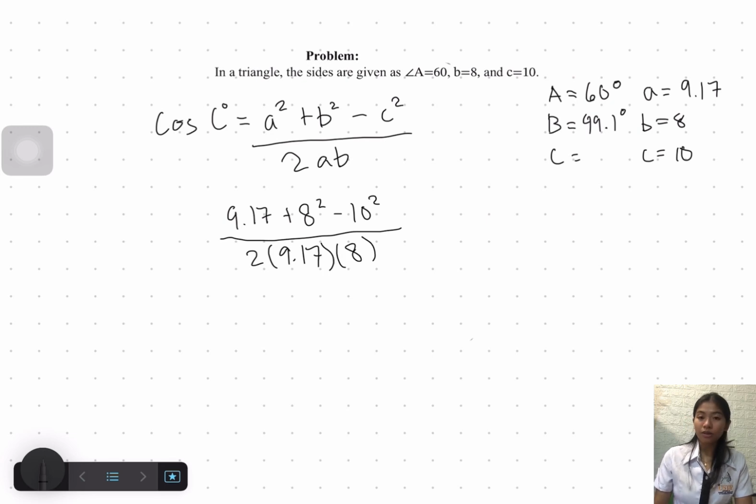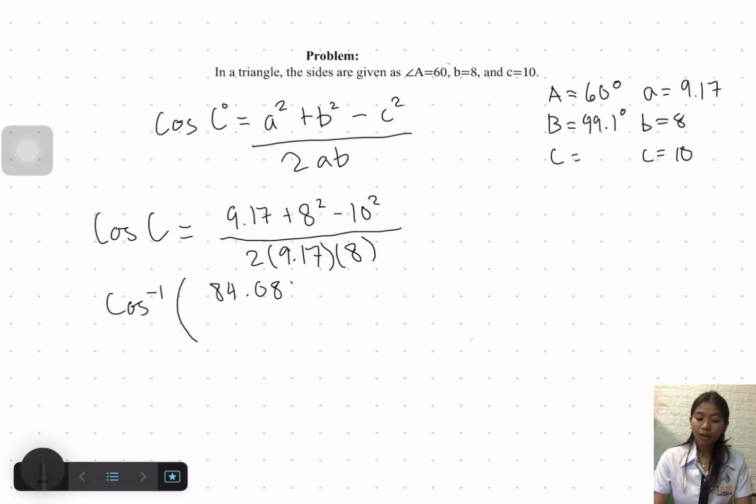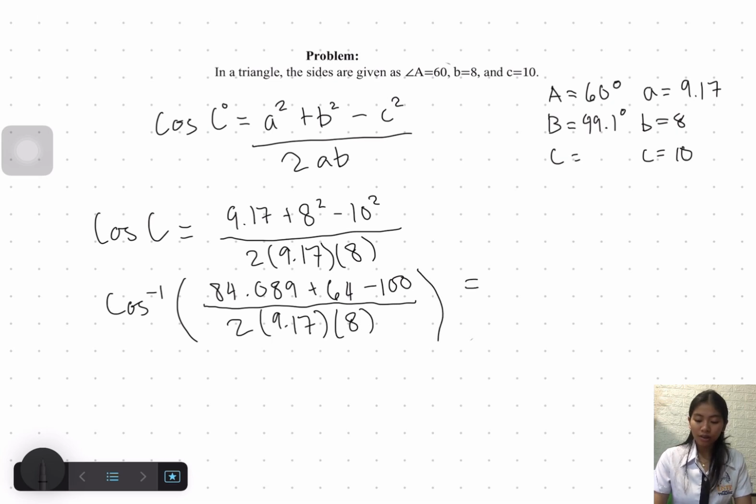We need to press shift again, and that would be cosine inverse of (84.089 plus 64 minus 100) over (2 times 9.17 times 8), and that would give us the answer for the C angle, 70.867, or we could round it to 70.9.